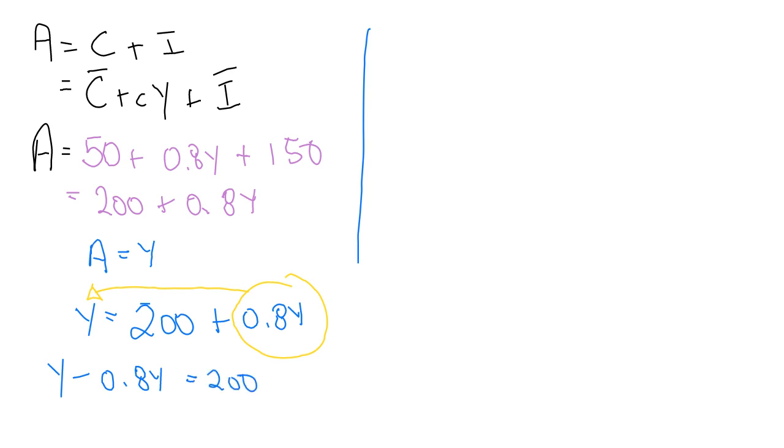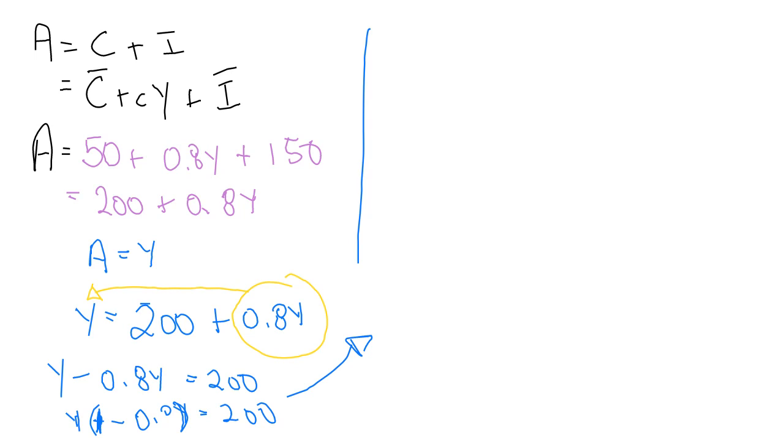And to simplify this even further, we'll then say Y(1 minus 0.8) equals 200. All right, still continuing with this, guys.